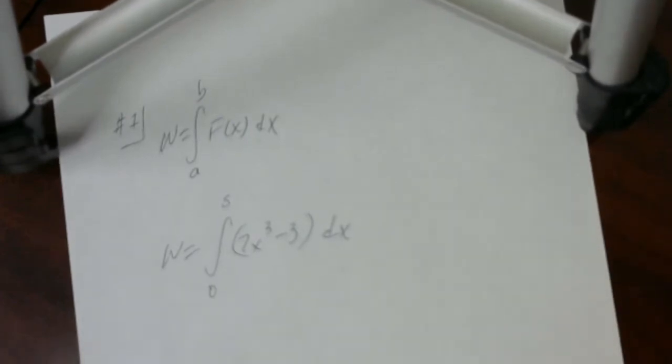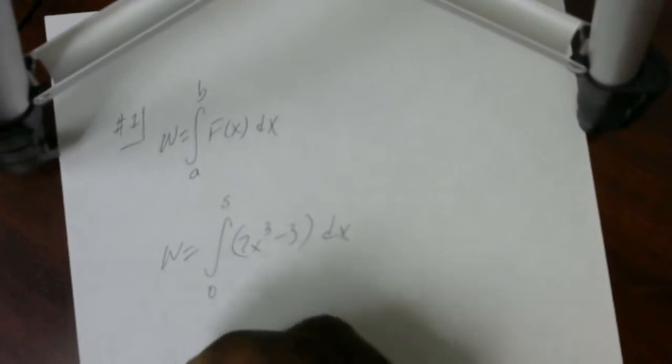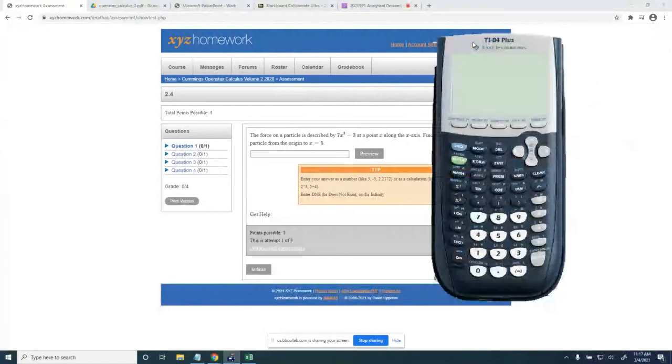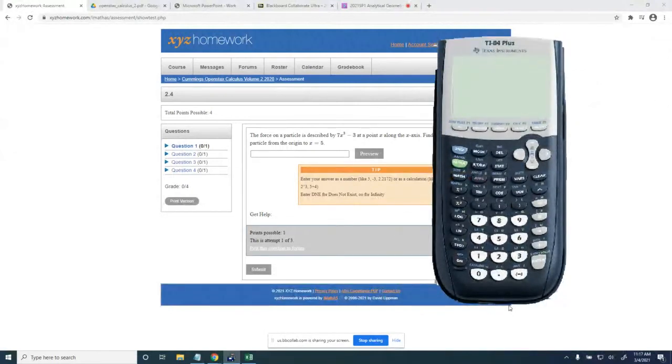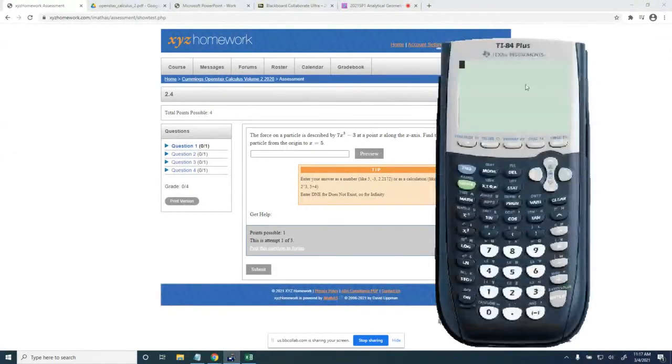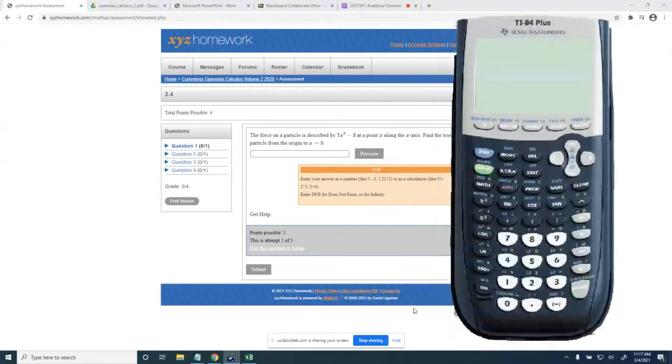All right. Now as far as the integration is concerned, I'm going to speed that up a little by using the calculator. I'm going to use the integration function, so I'm going to hit math.